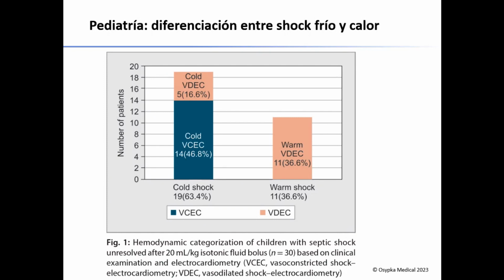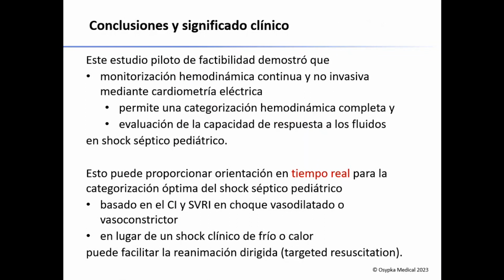So just by basically touching legs, figuring out cold shock and warm shock, it doesn't tell you if a patient is a responder to volume giving or not. So as a conclusion, the authors stated that by using electrocardiometry, they can categorize their patients much better and can determine which patient needs fluids and which patient doesn't.